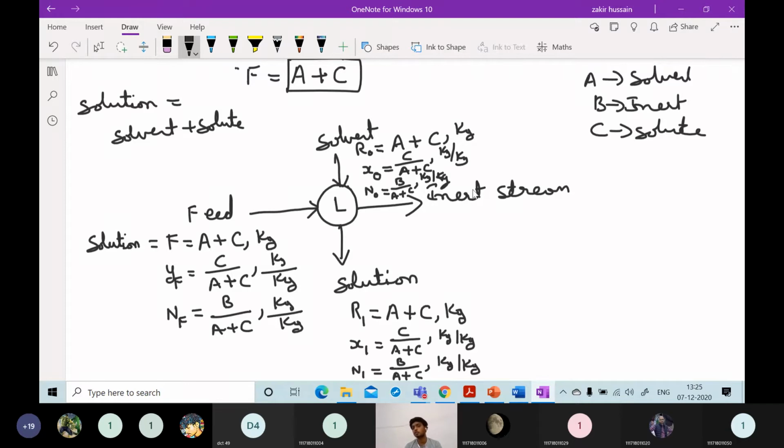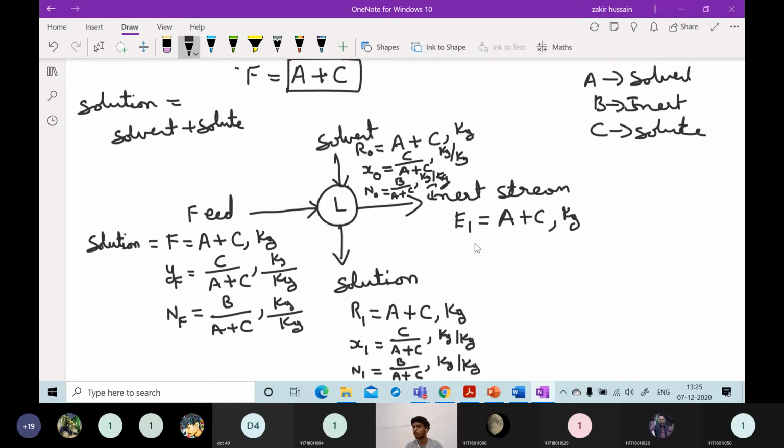This is also called the underflow phase, or the solvent lean phase. So we can use this many terminologies. This one will be indicated with E1, so extract E1. E1 is nothing but the weight of solution in the inert stream phase. Solution meaning A plus C, solvent plus solute is equal to solution. These units will be kg.